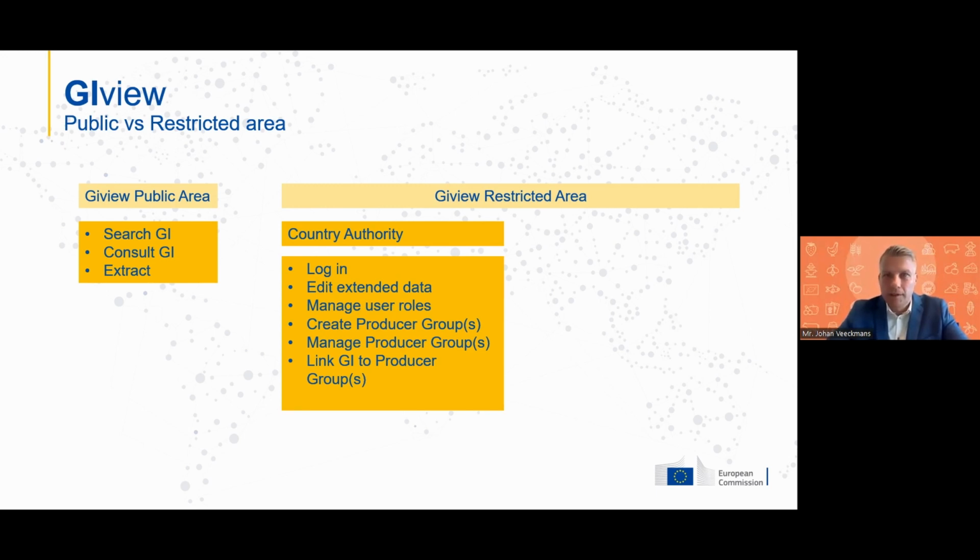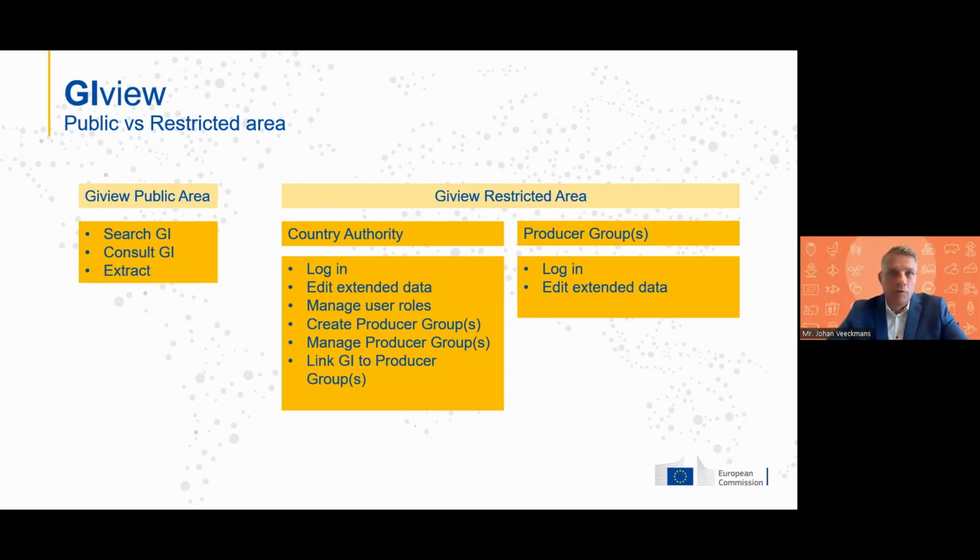In the restricted or private area, country authorities can log in and add extended data. They can manage user roles, create and manage producer groups, and link those producer groups to their respective geographical indications.